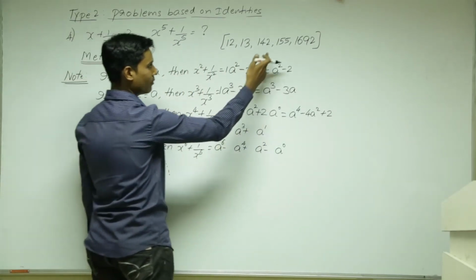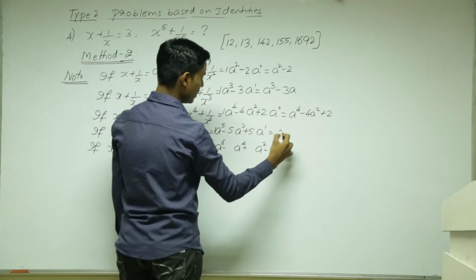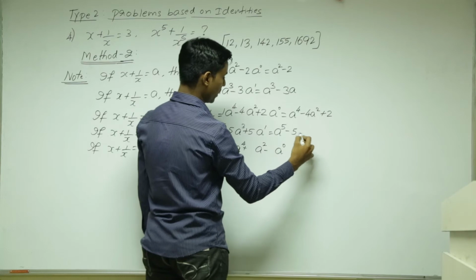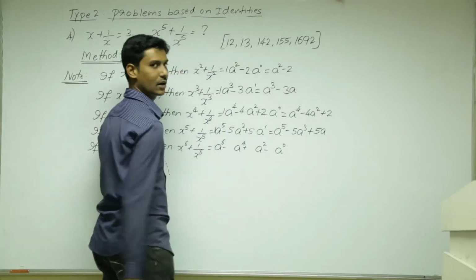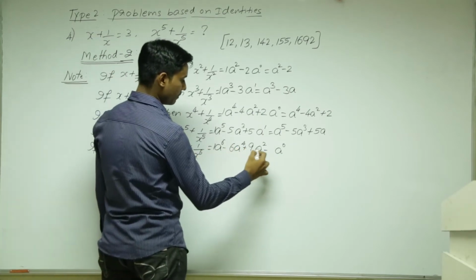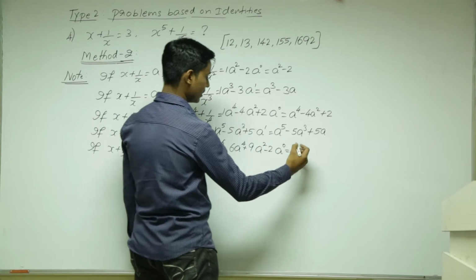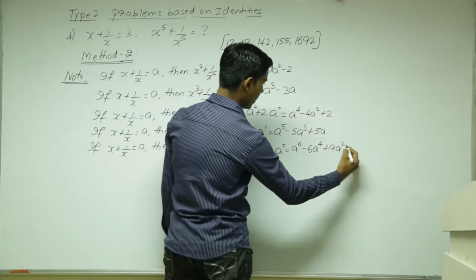Next is 1, 5, 5. That means this is a power 5 minus 5a cube plus 5a. Last one is 1, 6, 9, 2. That means this will be a power 6 minus 6a power 4 plus 9a square minus 2.